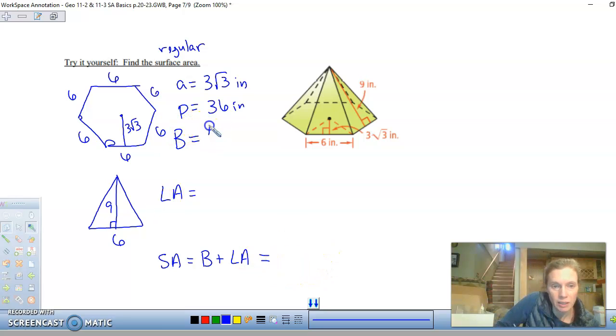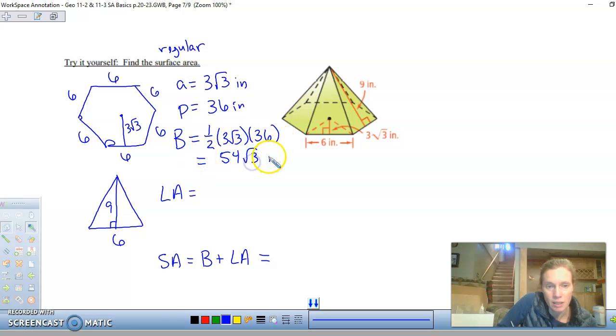Okay, welcome back here. So you're going to do 1/2 apothem times perimeter. And for that in the calculator, you get 54√3 inches squared. Okay, the lateral area. So you're going to have 6 of those triangles. So I'm just going to write a 6, and then here, this is going to be 1 triangle area.